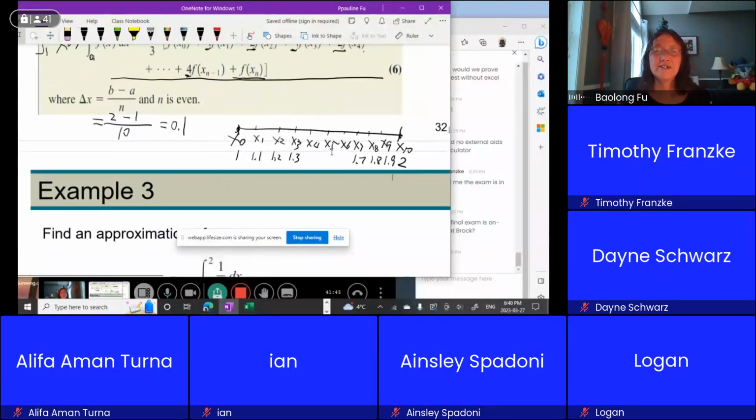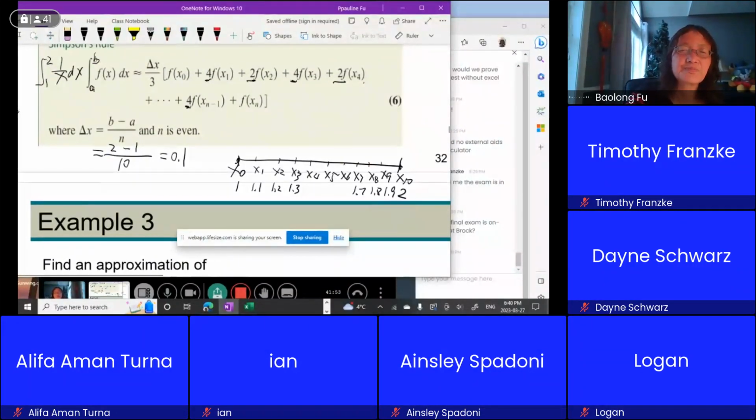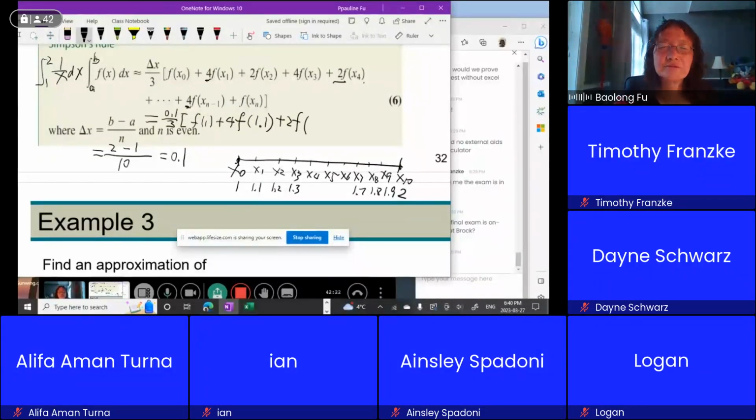Okay, and then you plug into this formula. So it is equal to delta x, 0.1, over 3 times f(x0). x0 is 1, so f(1), plus 4 f(x1), so f(1.1), plus 2 f(x2), it is f(1.2).